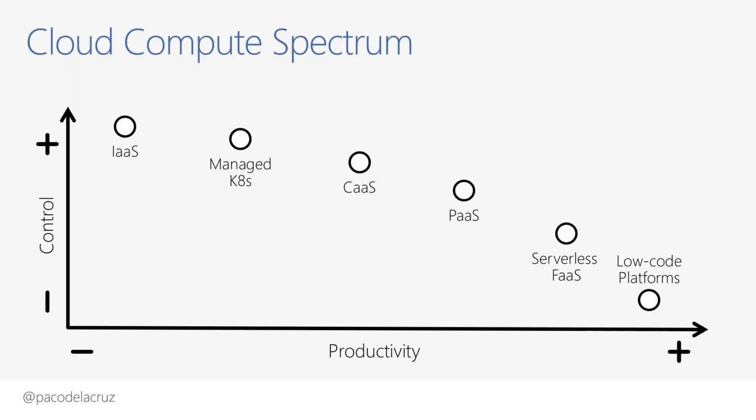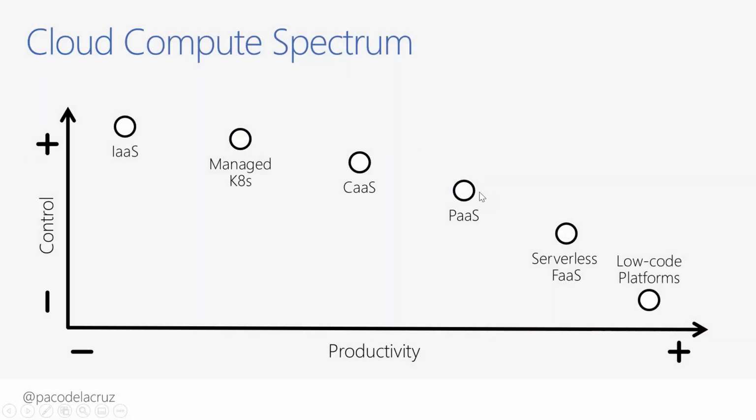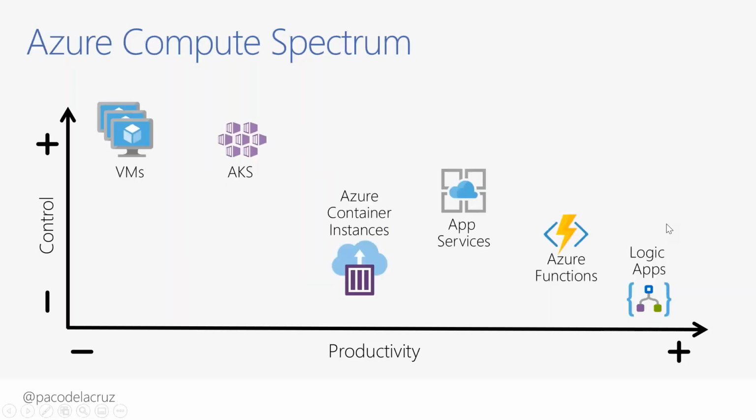So in the beginning, everything was IaaS, mostly virtual machines, and then we started getting platform as a service, and then the next wave of evolution was serverless functions as a service. We also have containers as a service. We also have managed Kubernetes. And we also have low-code platforms, which on Azure would be these offerings. So we have VMs, app services, Azure Functions, Logic Apps, container instances, and AKS. So tonight we're going to focus on functions as a service, which is Azure Functions.